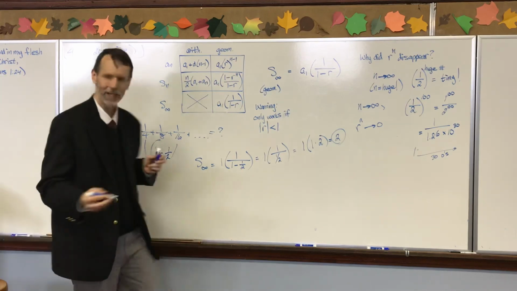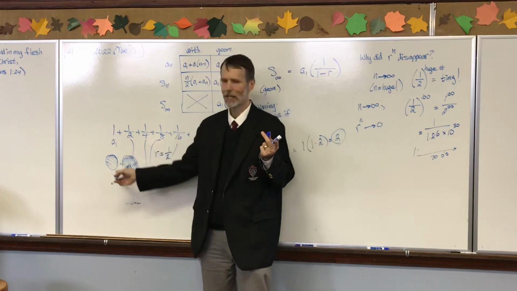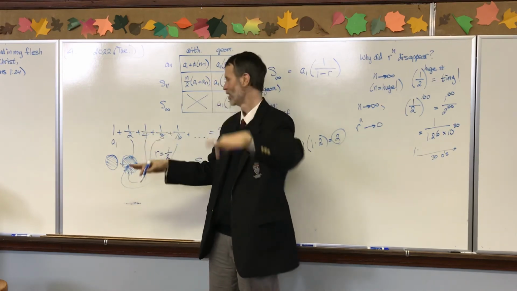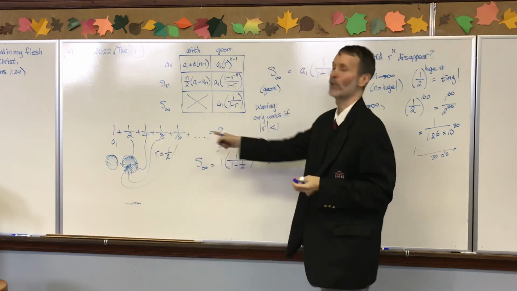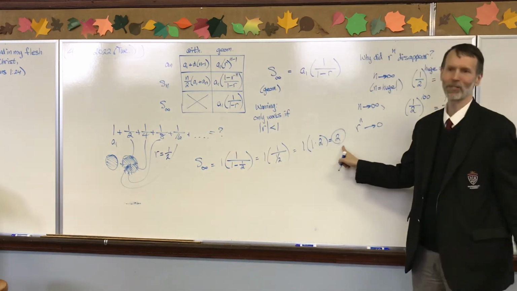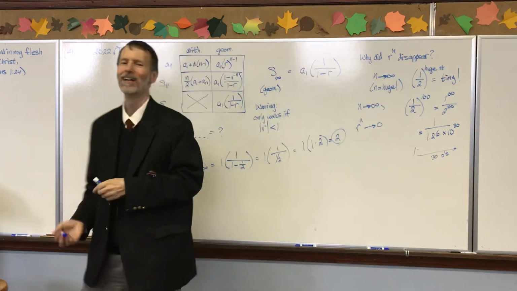Do you see what the answer is getting closer and closer to? 2. You're getting closer to 2 full dots. So if you went forever, you'd get to the number 2. You can't go forever, but if you could, you'd get up to 2.